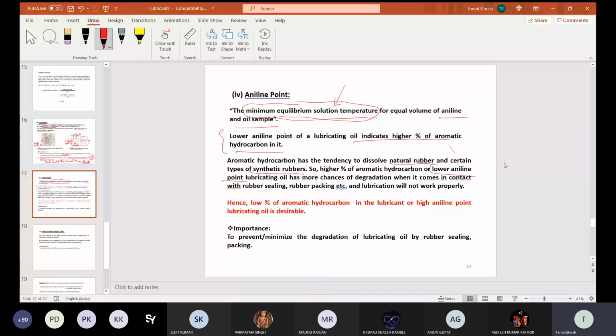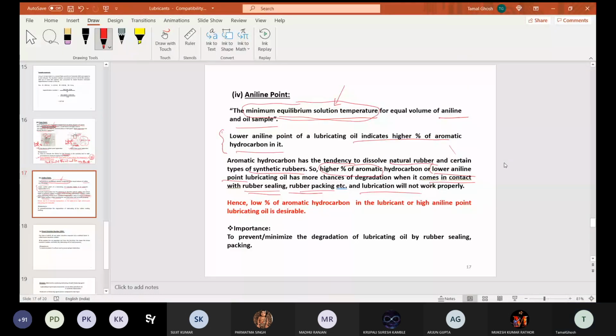So the percentage of aromatic hydrocarbon and aniline point, these two are opposite. That means if an oil has a low aniline point, it will have a higher percentage of aromatic hydrocarbon, and such oil will be a problem when it comes in contact with rubber sealing or rubber packing.